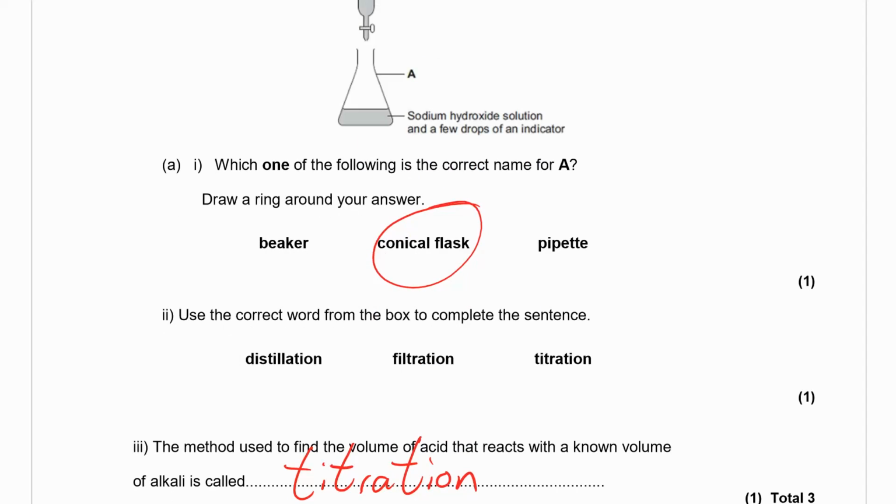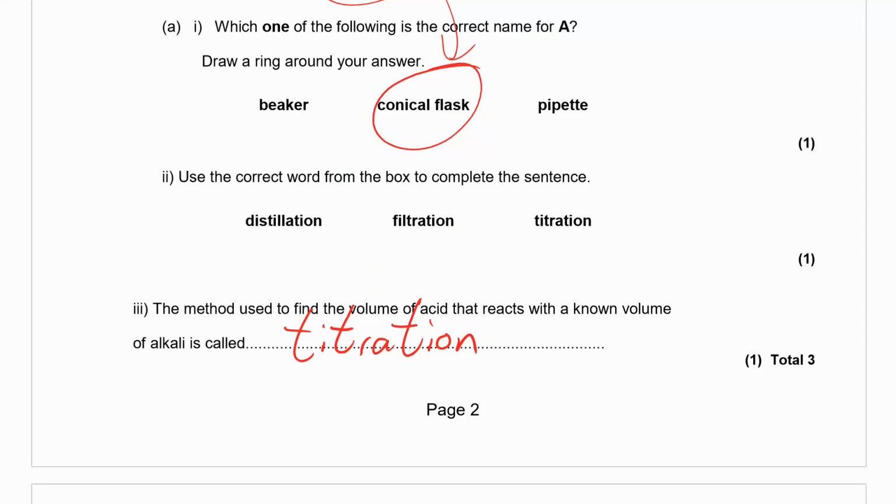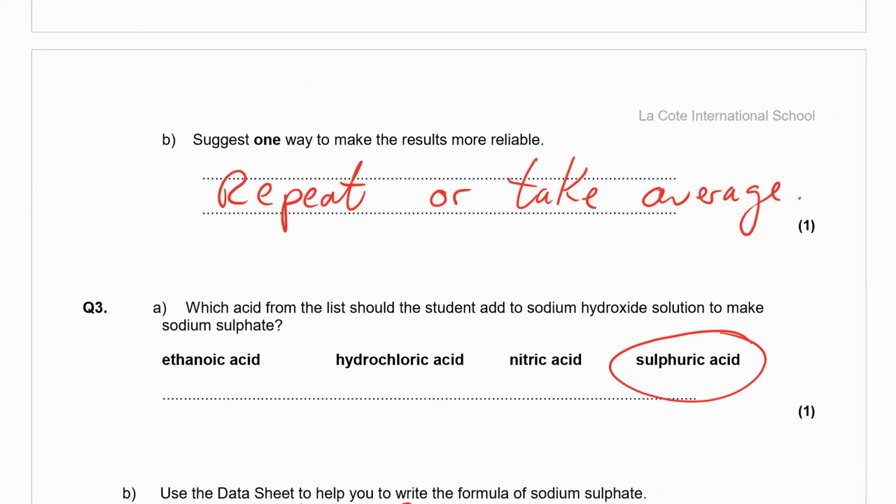Again, drawing rings around the correct words. So this, you should know, is a conical flask, and this is a titration. The total marks here is actually 2 and not 3. Part B suggests one way to make the results more reliable, and that's repeat and take an average.